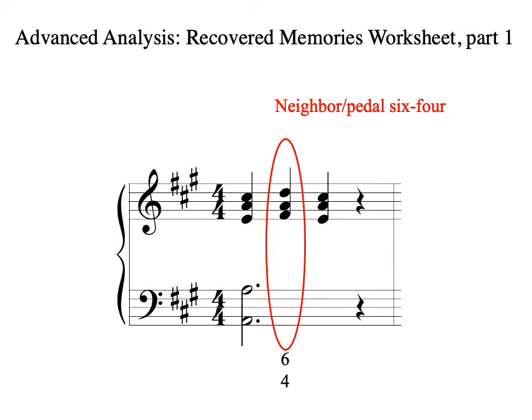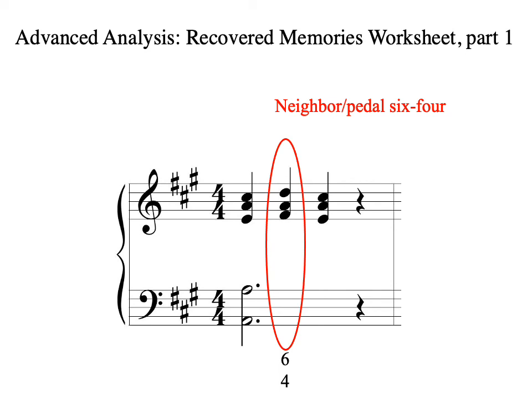Notice how the bass just stays on A like a pedal tone. People who call it a neighbor 6/4 chord are probably noticing what's happening in the treble clef with that E, F sharp, E, and that C sharp, D, C sharp, where they act like neighbor tones, but the bass part acts like pedal tones.